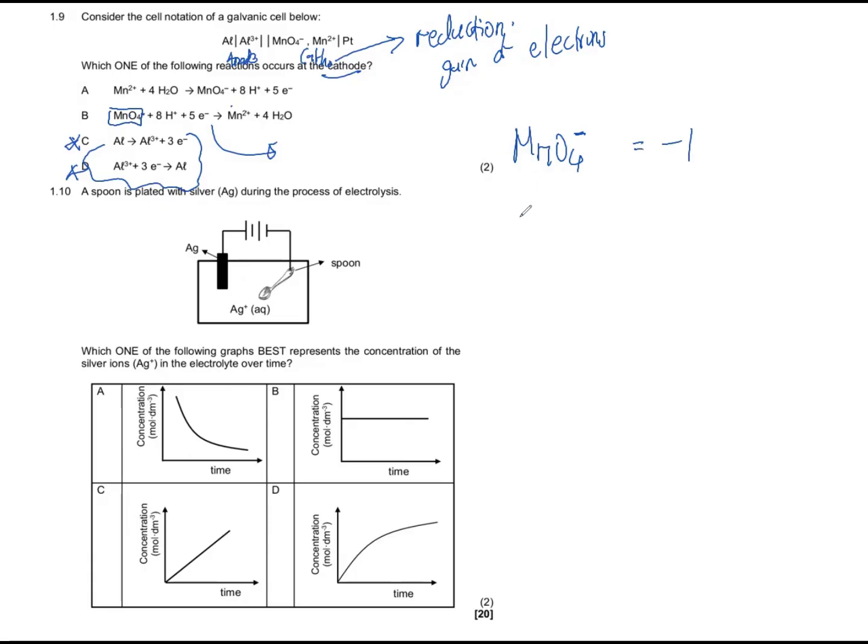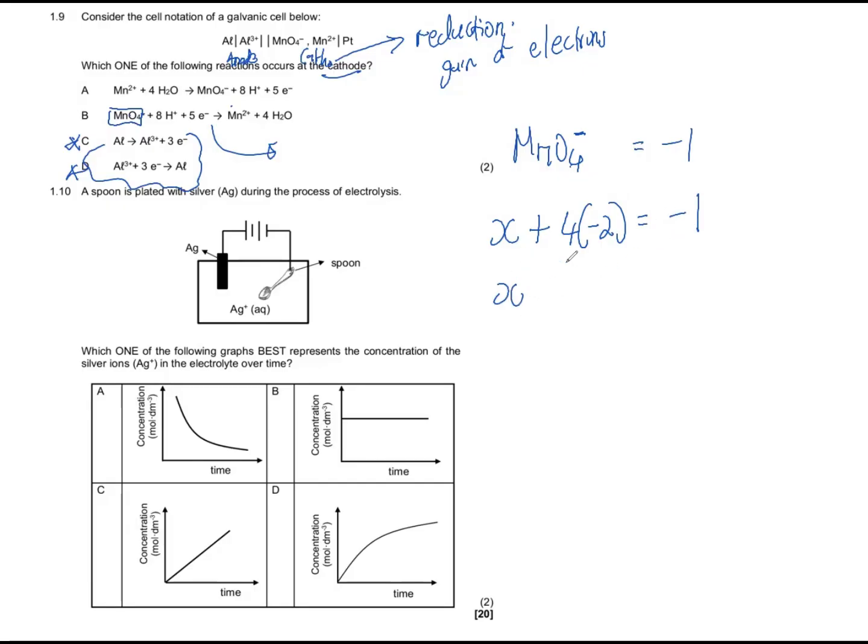But then we don't know the oxidation number of manganese, so we're going to say X. The oxidation number of oxygen is -2, right? So how many oxygen atoms do we have? 4. And then we're going to say -2, and then all of this should be equal to -1, right?